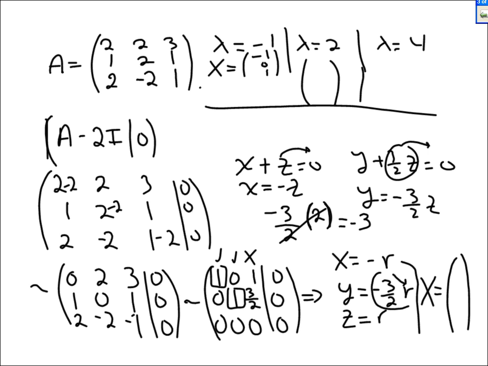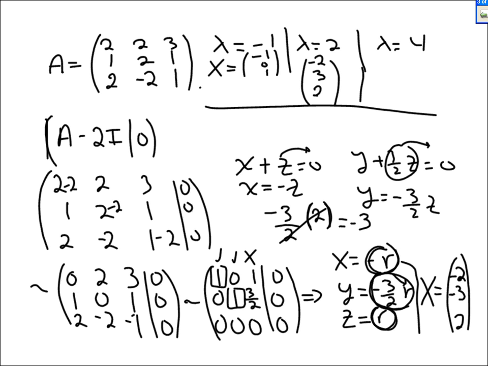If r is 2, the middle term will be negative 3. If r is 2, the last term will be 2, and x will be negative 2. Negative 2, negative 3, 2. If you used 1, you'd get negative 1, negative 3 over 2, and 1.